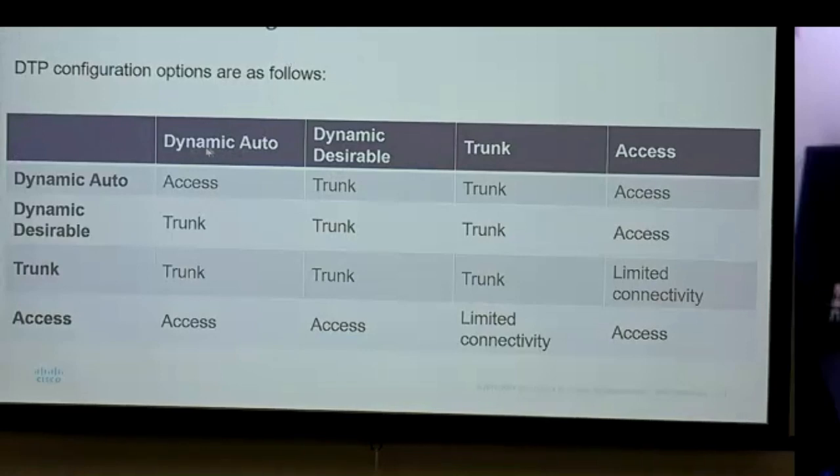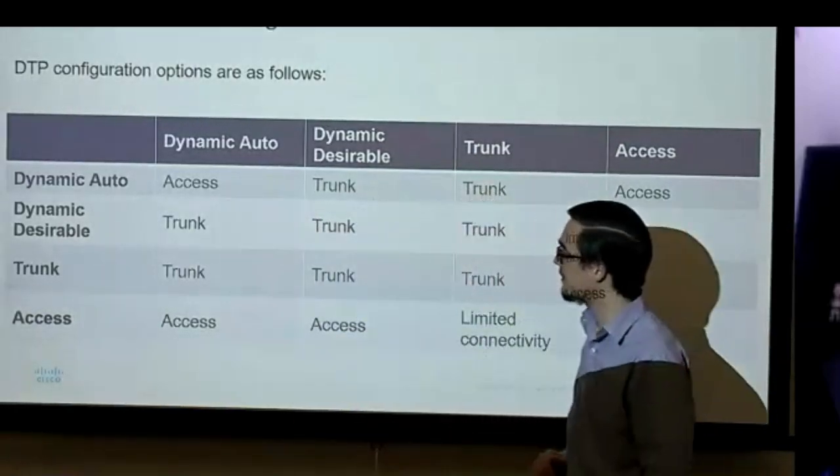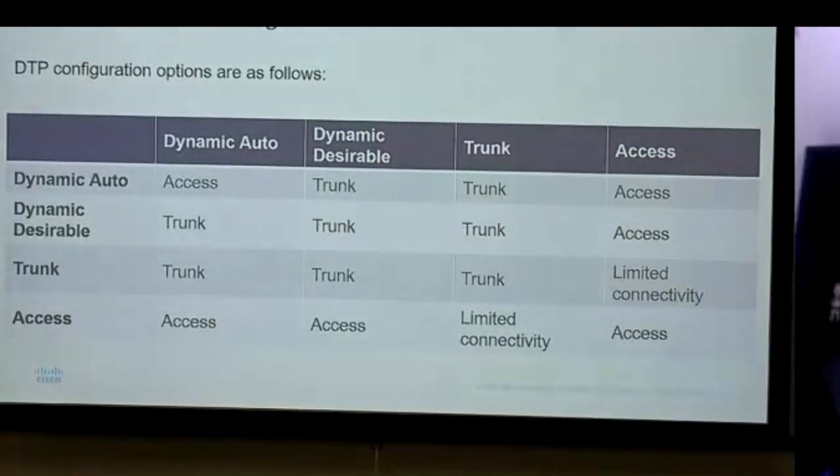Right, so if one side is dynamic auto and the other side is dynamic auto, well, you're not going to do that. Dynamic auto basically, if something's connected to it, it's going to put itself in an access mode. You don't do access to access.